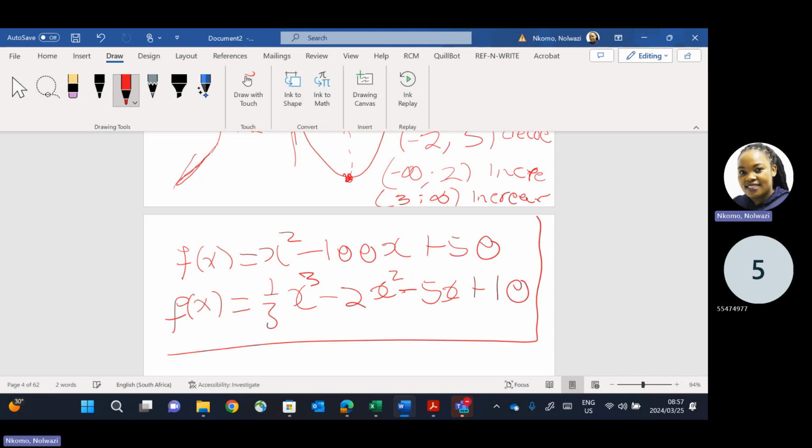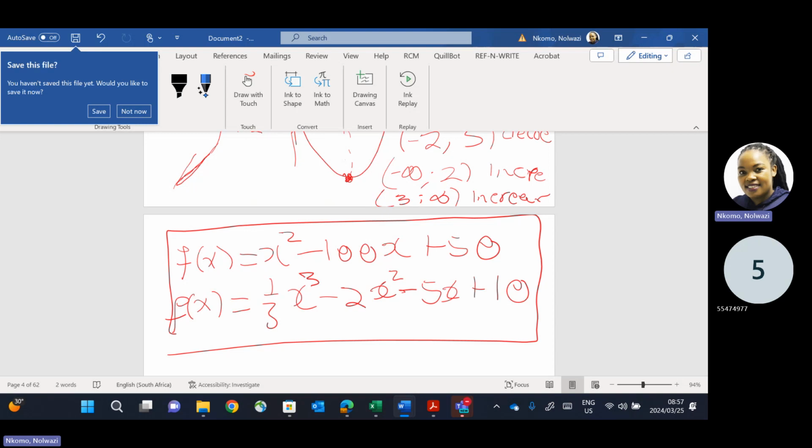On these two functions, try and find the stationary points, determine the nature of those stationary points, which one is the minimum point and which one is the maximum point, and determine where these two functions are increasing or decreasing. That's where we'll start on our tutorial session on Wednesday.